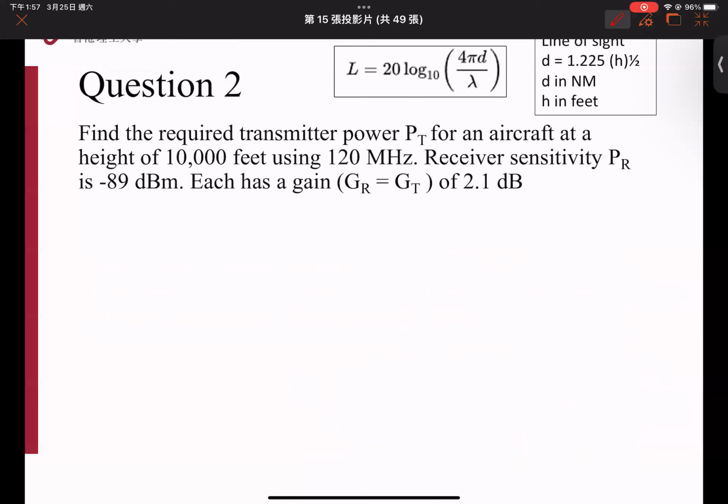So some of the questions, for example, engineering life in the future, they may ask you about the requirement of the power so that you can make this communication link.